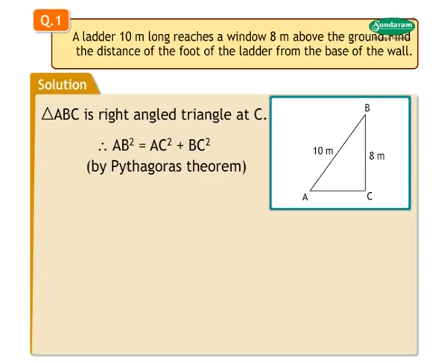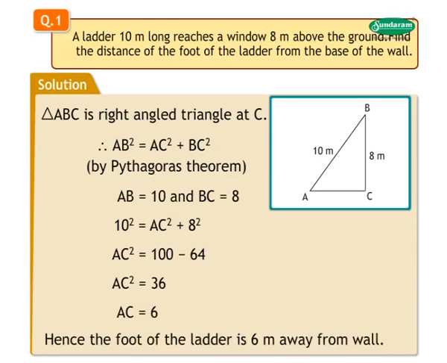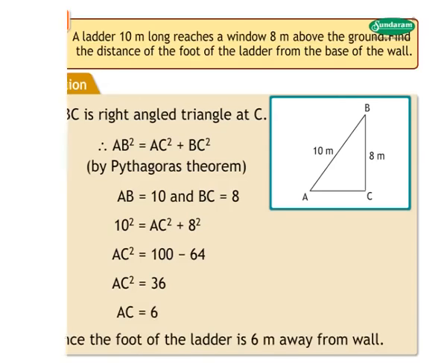Now, by substituting the value of AB is equal to 10 and BC is equal to 8, we get 10 square is equal to AC square plus 8 square. AC square is equal to 100 minus 64. AC square is equal to 36. Therefore, AC is equal to 6. Hence, the foot of the ladder is 6 meters away from the wall.